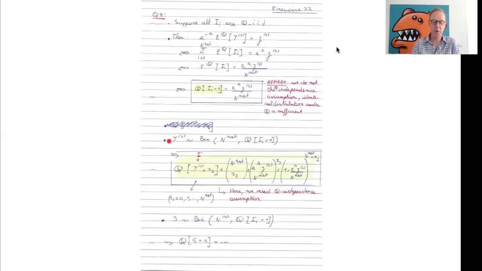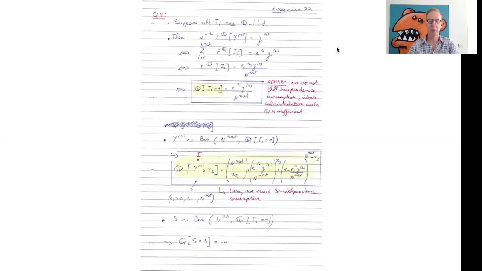What is now the distribution of Y2? Y2 is under Q a sum of Bernoulli variables, and the number of Bernoulli variables is n notional. So this is a binomial distribution with the number of trials n notional, and the probability of success of a trial is Q(Ii is 1). So the probability under the measure Q that Y2 is x2 is given by this expression of the binomial distribution.